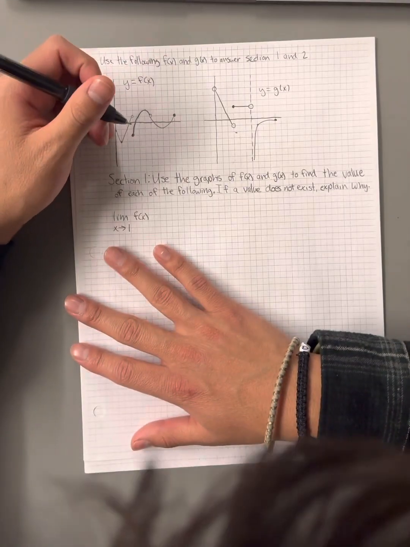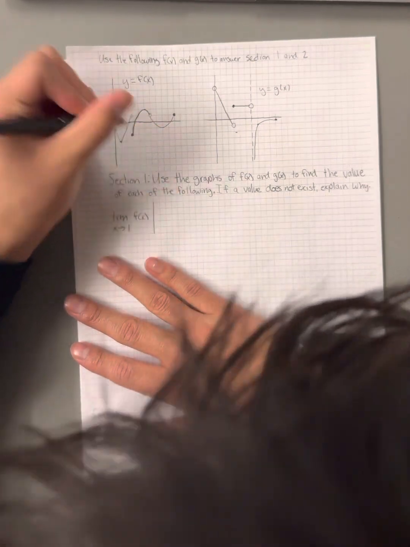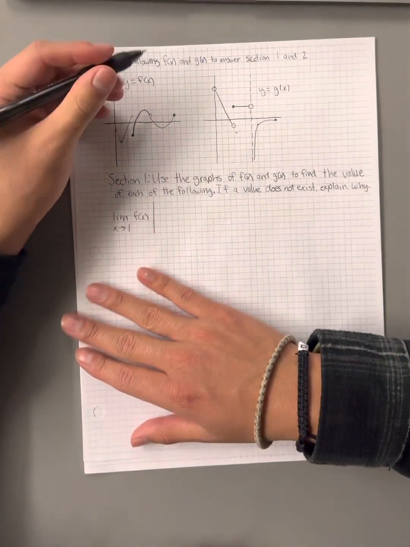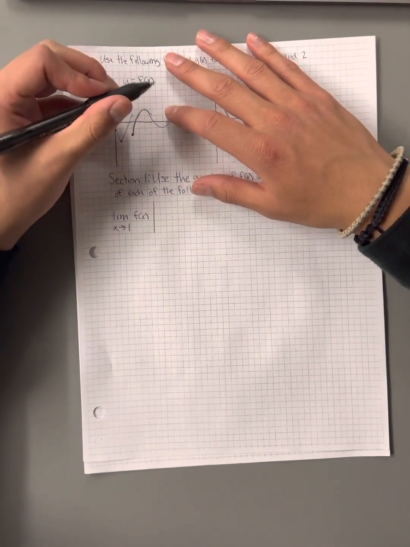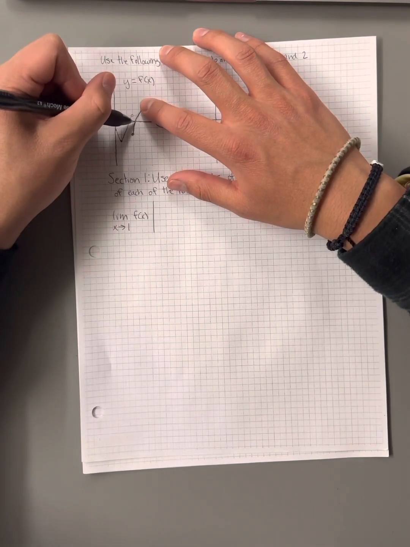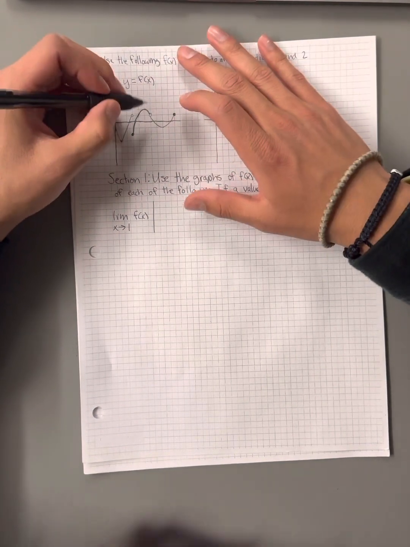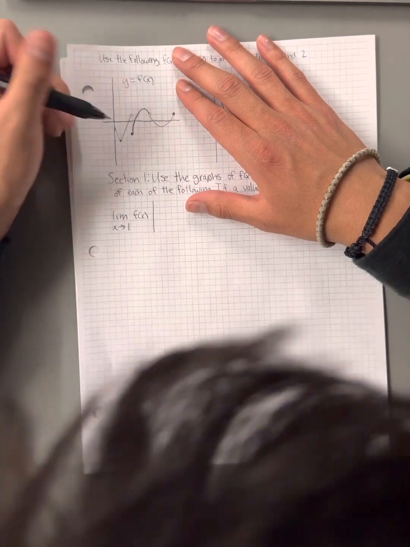And when we are finding limits, a limit means is asking what value is a function approaching. What is it approaching?